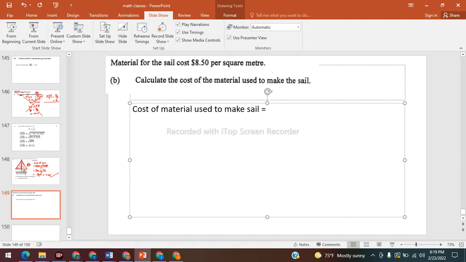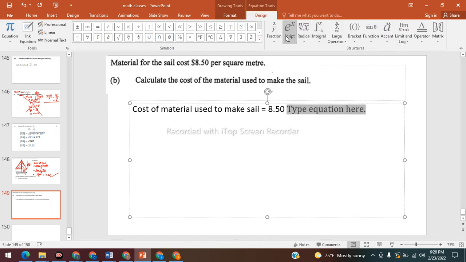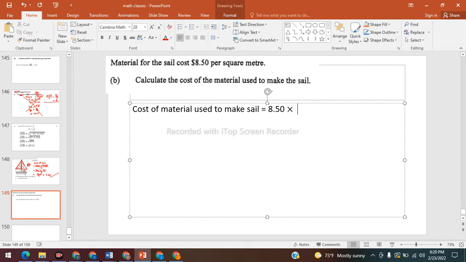What is 66.5? Anyone else got 66.5? Say it again. So 8.5 multiplied by 7.5. Remember, this is $8.5.